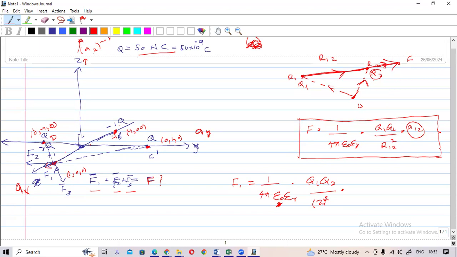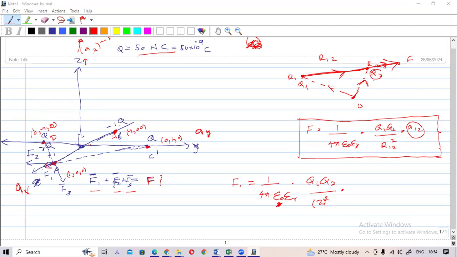into this direction unit vector. What is the unit vector in this direction? Tell me, what is the unit vector in this direction? Yes, very good.